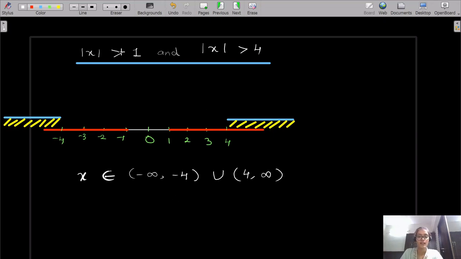Now these two inequalities together make a compound inequality.